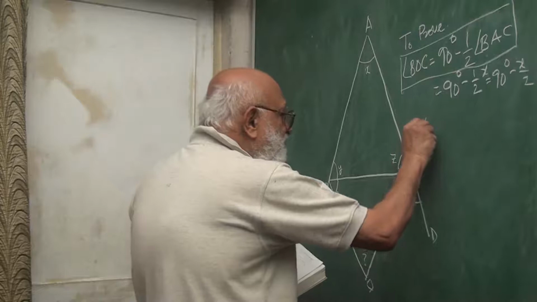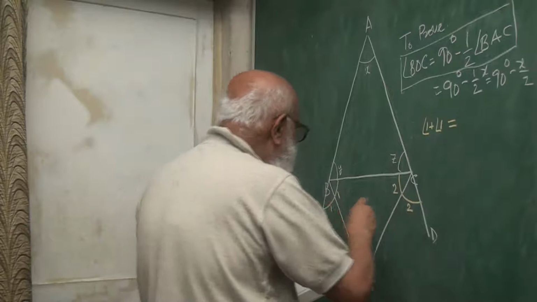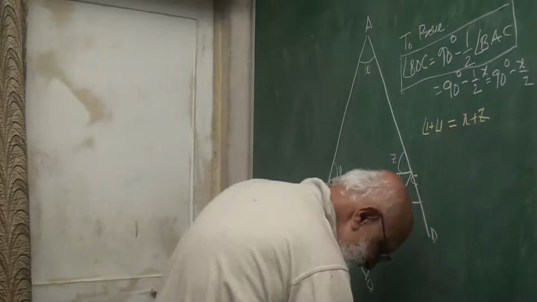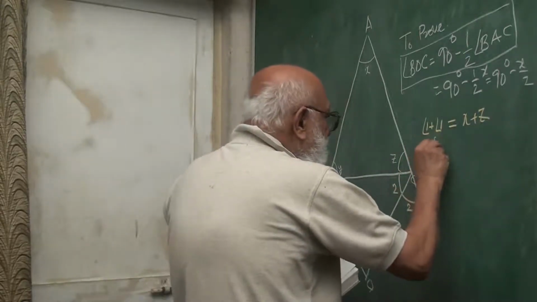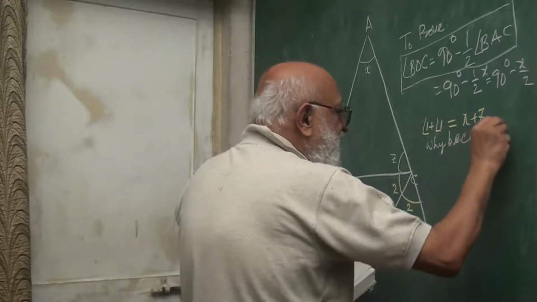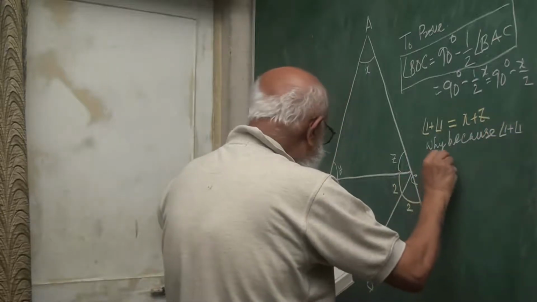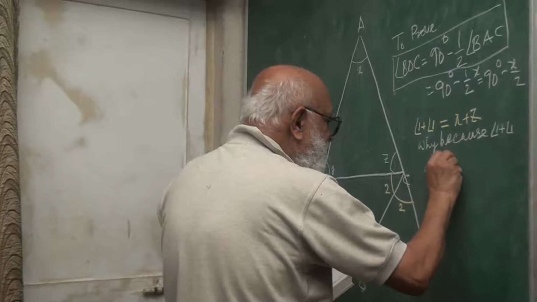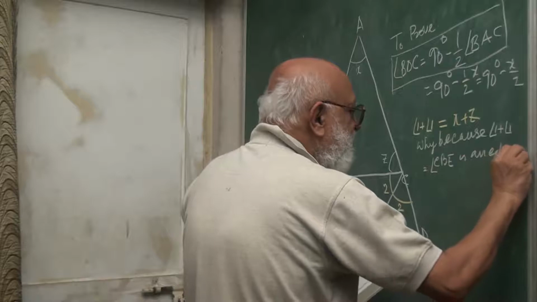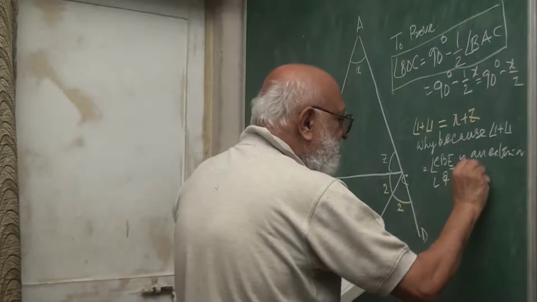So angle 1 plus angle 1 will be equal to X plus Z. Why? Because angle X plus angle 1, that is equal to angle CBE, is an exterior angle of the triangle ABC.